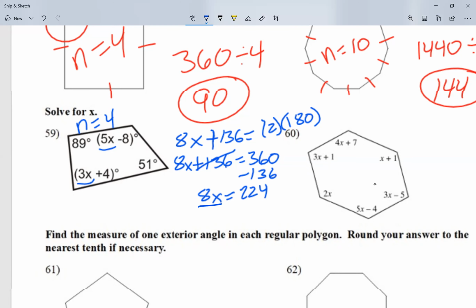Let me divide both sides by 8. Now 224 divided by 8 is 28. All right, my instructions were solve for x. x equals 28. There you go. 28 is the value of x.